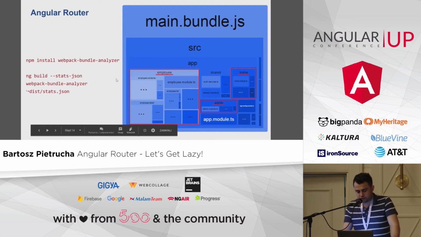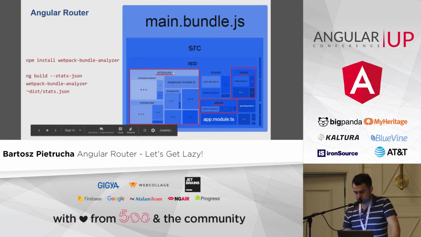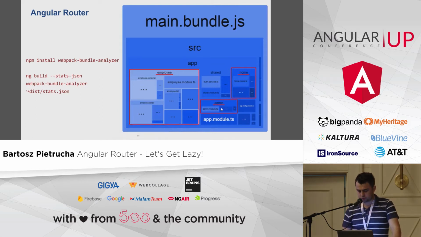If you run ng build with stats.json, and then you run Webpack Bundle Analyzer and point it to this particular JSON file, you would see this kind of result in your application. So in our example, we have employee module. You can see that there's a bunch of files included in this bundle: home module, shared module, and admin module.